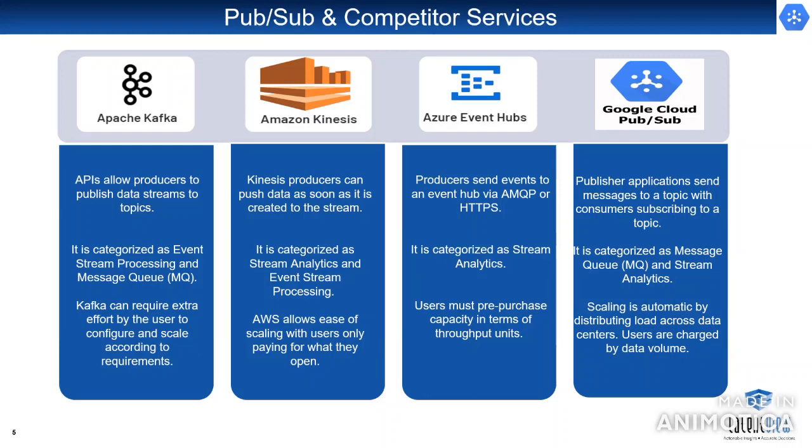A few advantages of Apache Kafka are it has very good, high throughput. It is capable of handling high velocity and high volume data, and it has low latency, and it can send messages in a short amount of time.